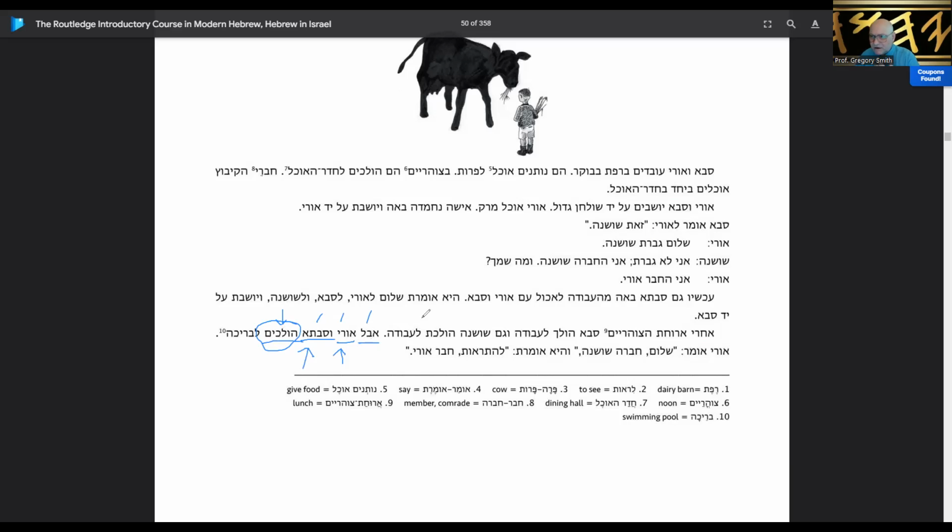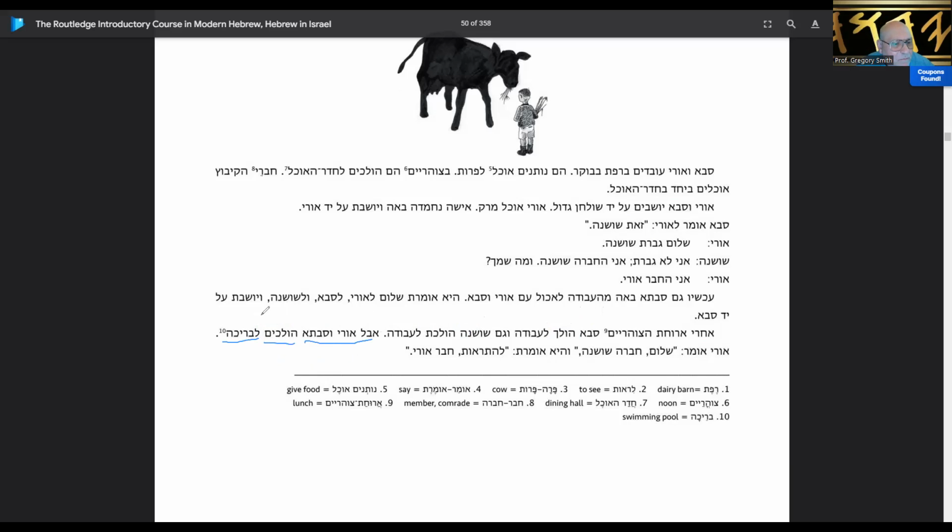The gender and the number of the word for going has to match two people now. Whereas before, we have holech, the word for going, that references Sava, grandfather. And Shoshana, single female, holechet. Now with both Ori and Savta, it's using holchim.